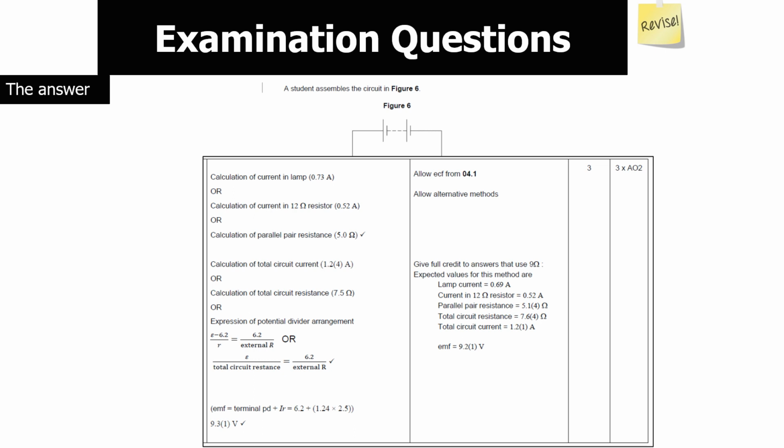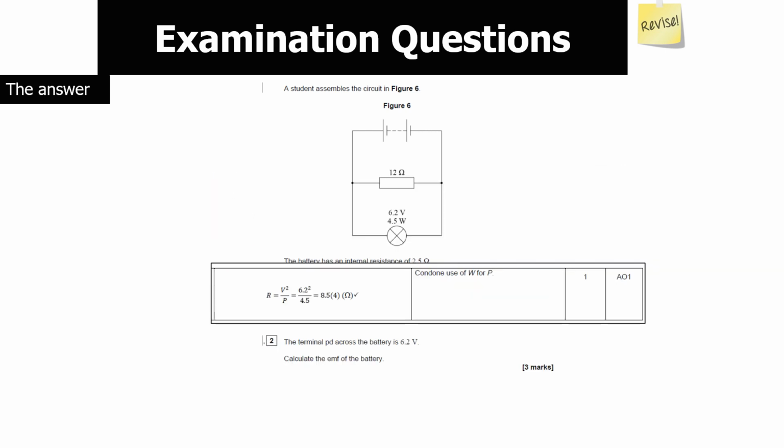And therefore what we can then say is that EMF is equal to terminal PD plus loss volts, which is IR. So at that point, once you've worked out your current, you can work it through by saying, well, what's the terminal PD? Well, you can work out what the terminal PD is because you can work out what the value is outside the circuit because you've got the working values there.